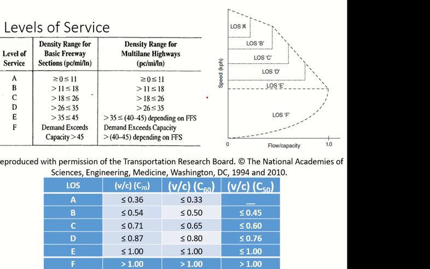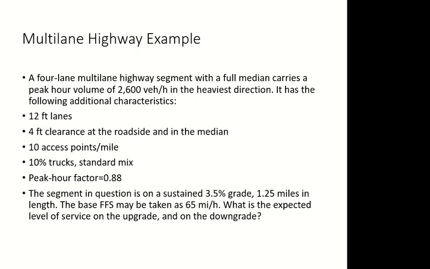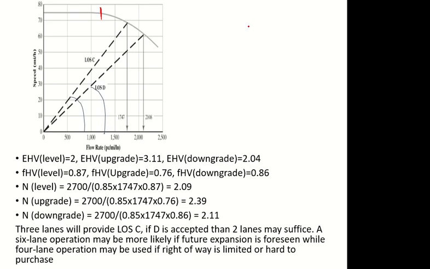So flow upon speed means it is the slope, right? What is slope? Tangent theta. So this line is tangent theta of 26 and this line has a tangent theta of 35.